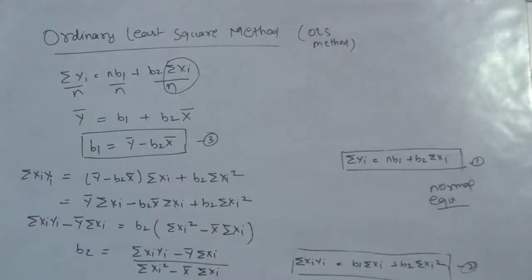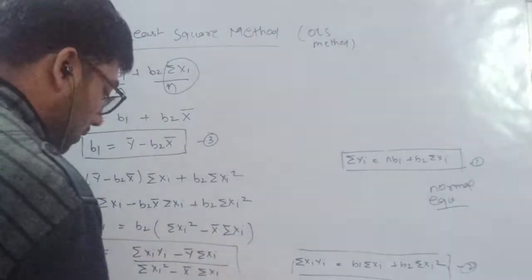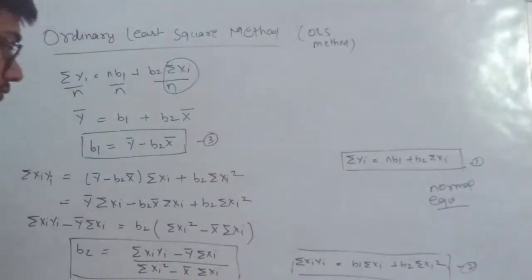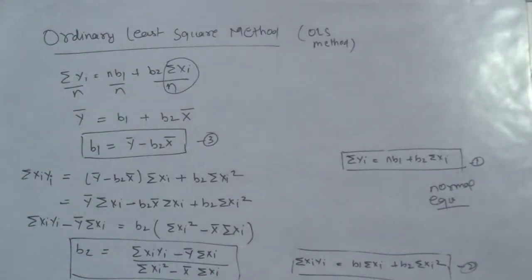This will be b2. Now what we have to find is mainly b1 and b2.